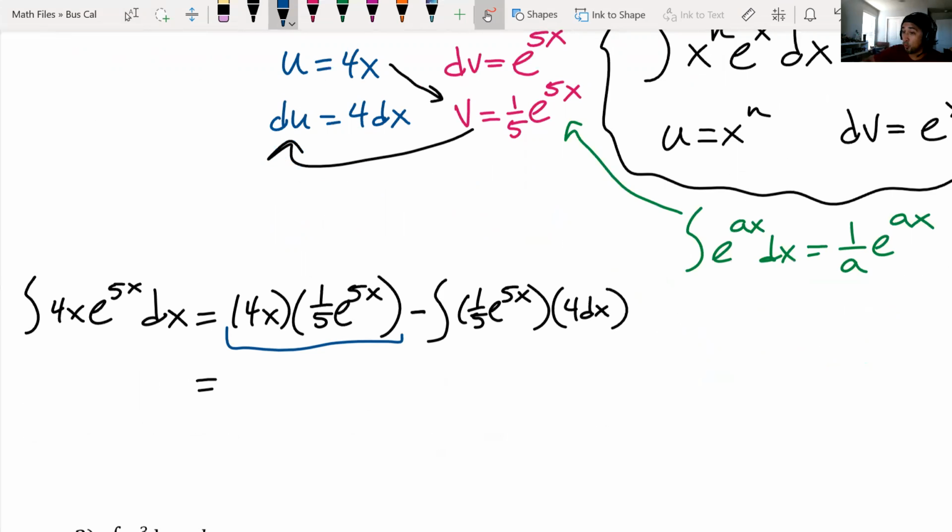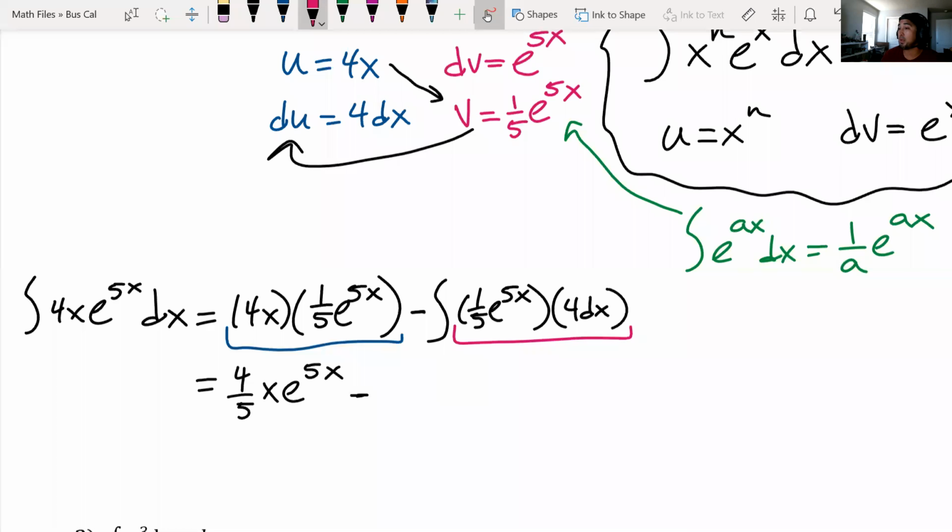So I'm going to put that 4 and that 1/5 together. Everything here is connected by multiplication, so I can rewrite it and rearrange it using multiplication properties. So this is going to become 4/5 x e to the 5x minus, and the same thing is going to happen here.